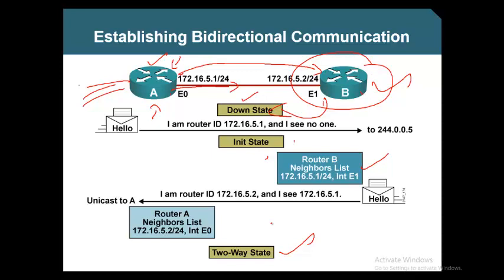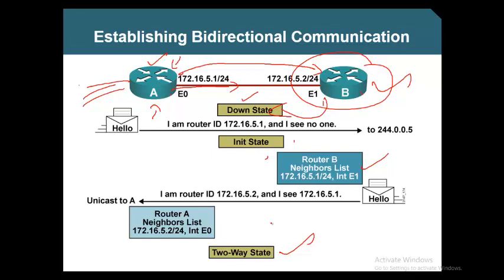So they know each other, but they are not sharing anything other than the hello packet. They don't share any LSR, LSU, DBD. They don't share type 2, type 3, type 4, type 5.